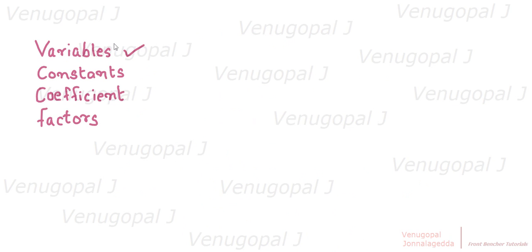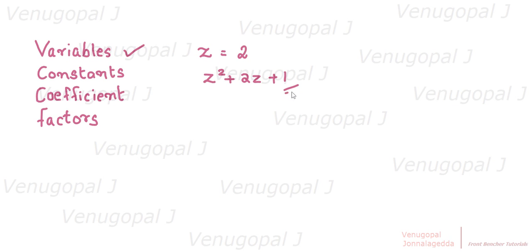Now I'll give you a few other examples of variables. Just try to get the thing clear. If I say z is equal to 2, what is the value of z square plus 2z plus 1?